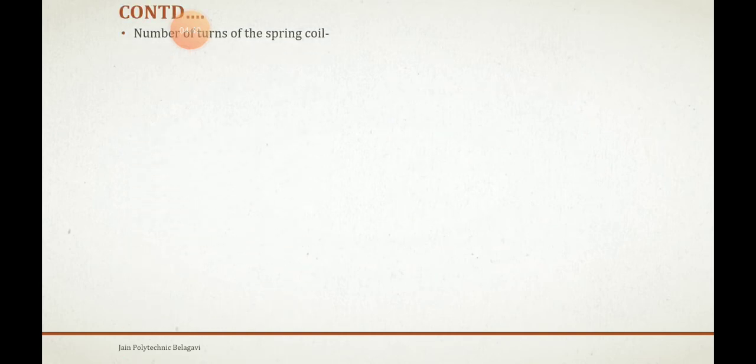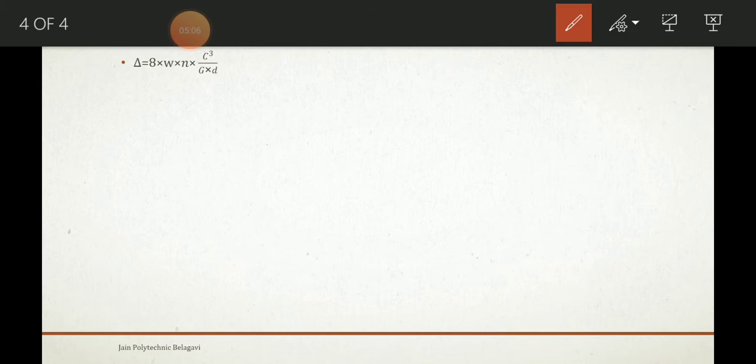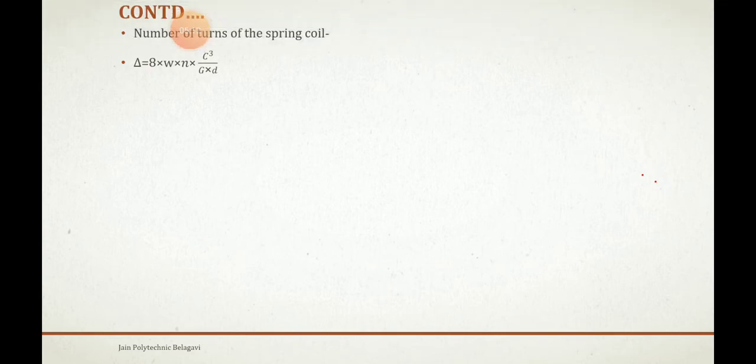Next we will calculate the number of turns in the spring coil. This is the formula, delta equal to 8 W n into C cube divided by G into d. So what we have to calculate in this is n. Just go further.